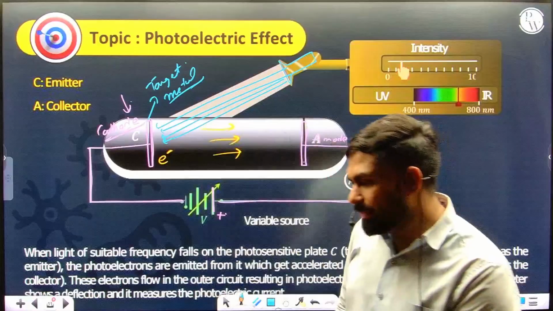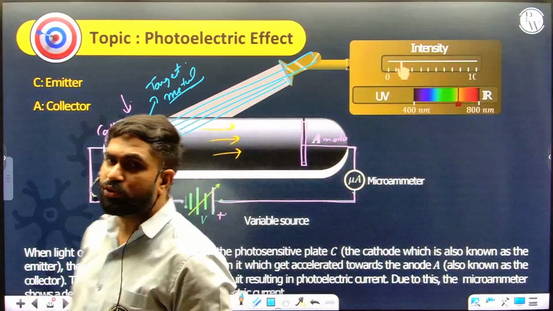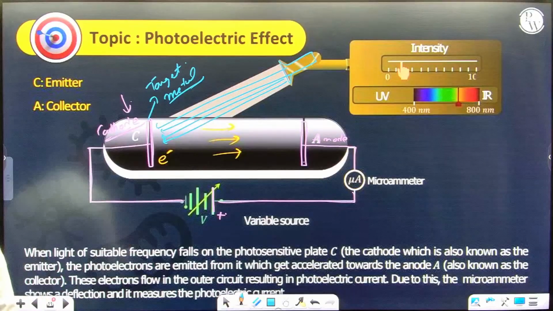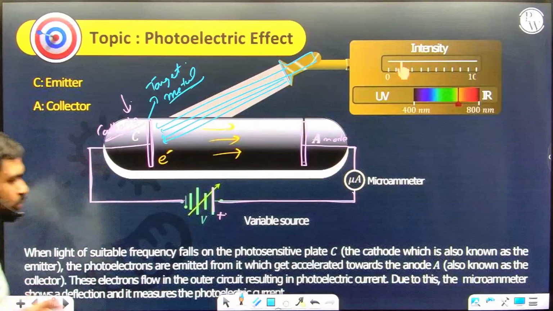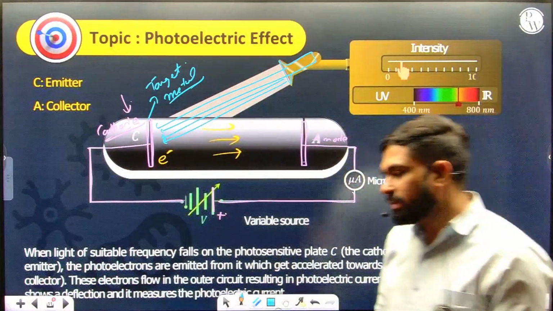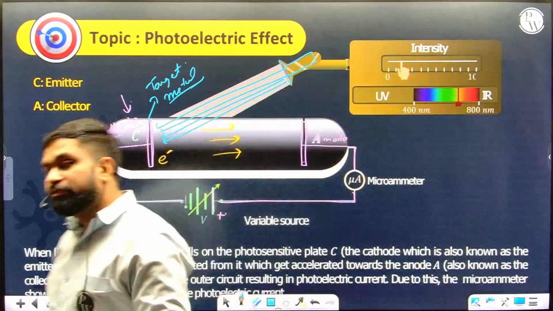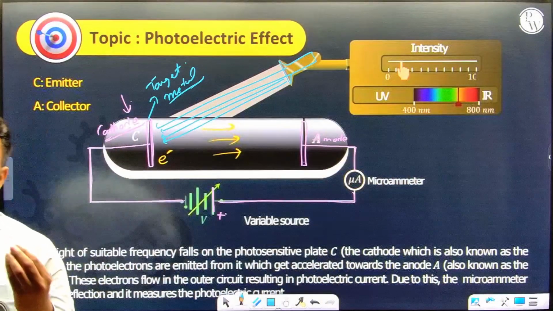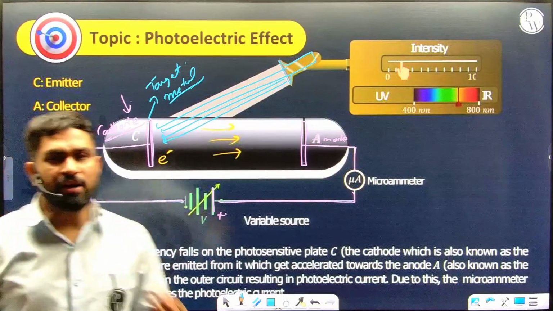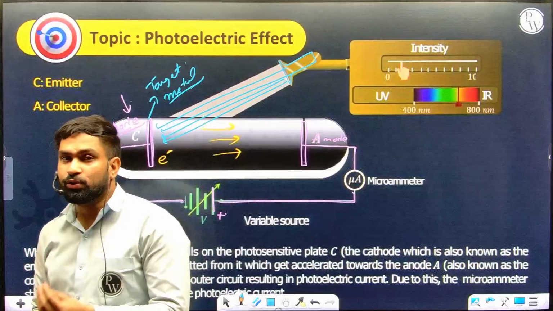Now see, on the metal surface there are many free electrons, and in the starting I said that a particle can absorb a photon and get its energy. So here the particles we are talking about are electrons. So electrons can get that energy from the photons. If they get energized, they will come out of the metal surface. So this is the photoelectric emission: electron emission due to photons.